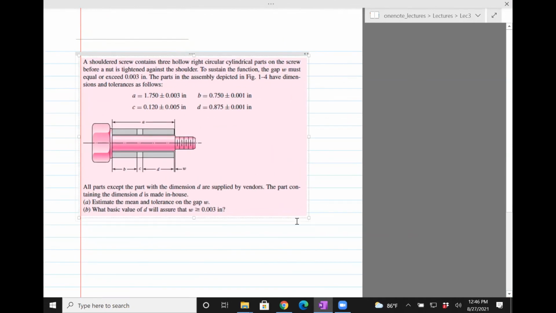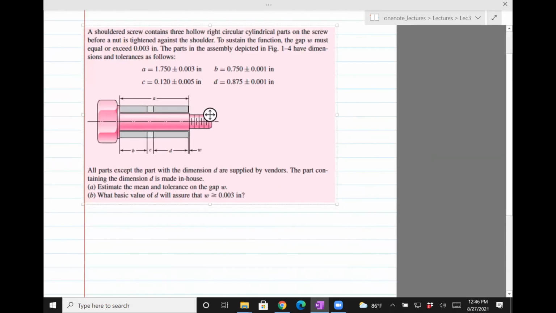Okay, so let's compute the other limit, which is W maximum. Now, to get the maximum on W, we need to go the other way, which is A maximum minus B minimum, C minimum, D minimum.